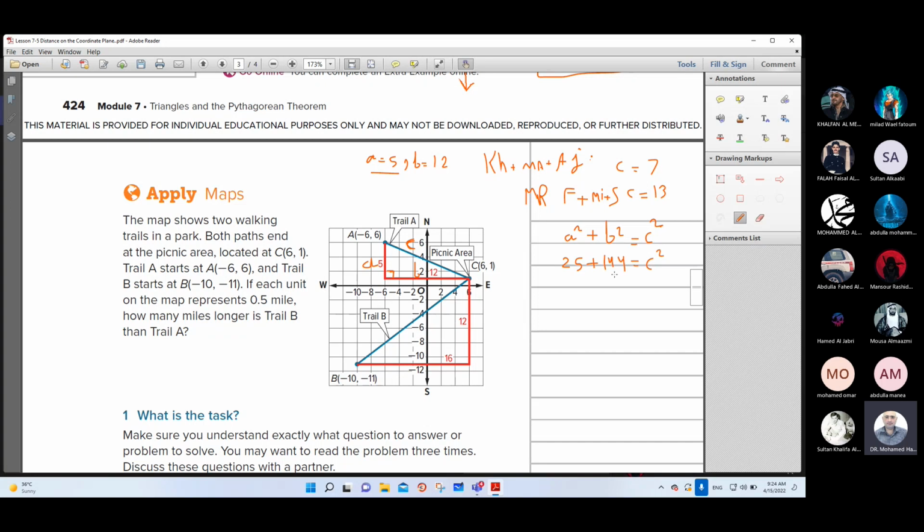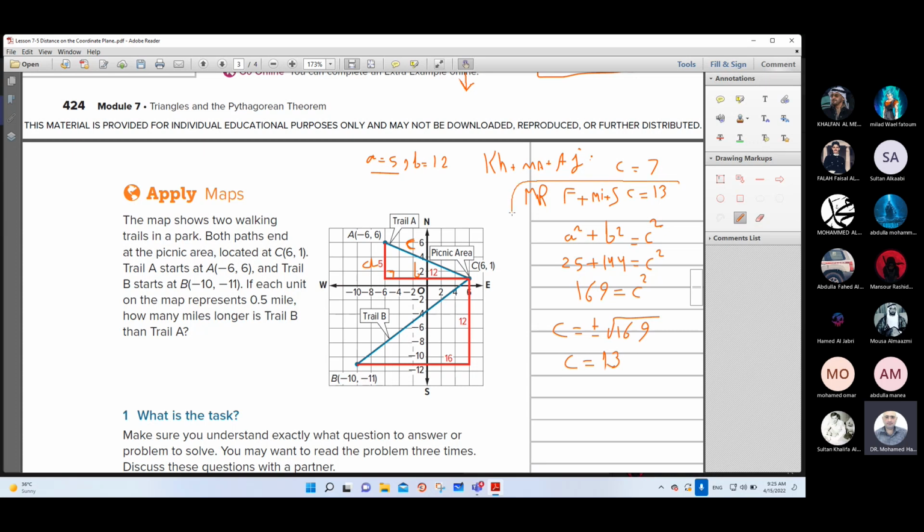So 25 plus 144 will be 169, equals C squared. So C equals the positive square root of 169. So C equals 13, because 13 times 13 equals 169.